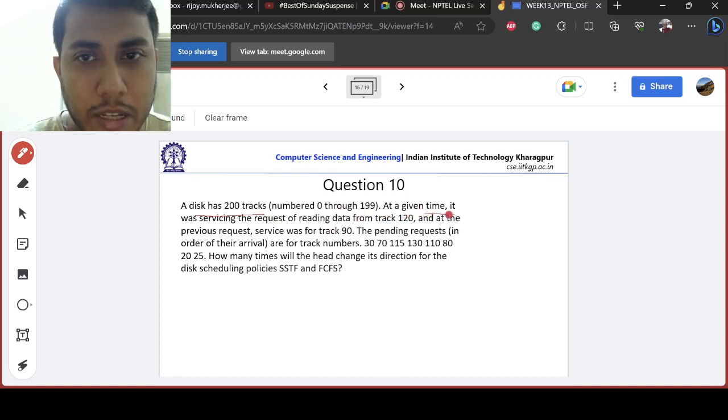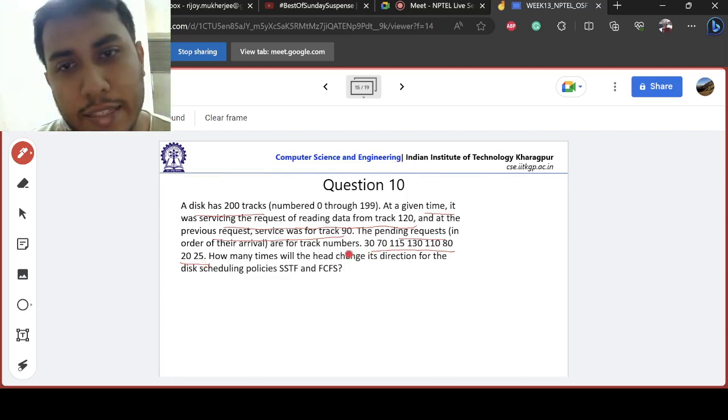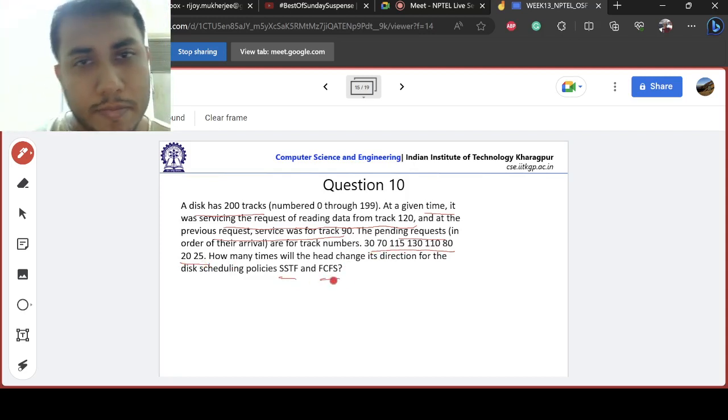At a given time, it was servicing the request at track 120, and the previous request serviced was for track 90. The pending requests are 30, 70, 115, 130, and so on. How many times will the head change its direction for scheduling under SSTF and FCFS?